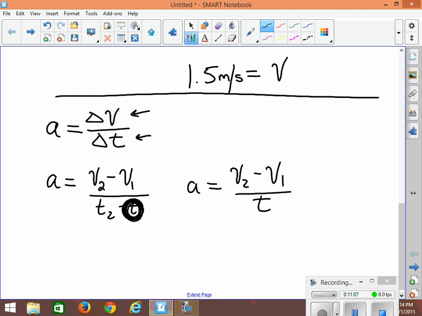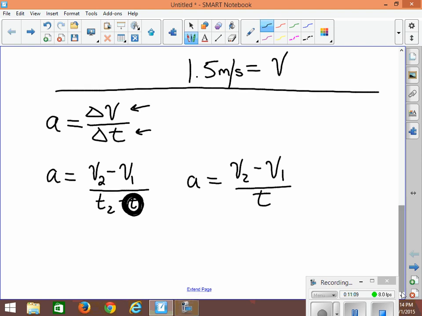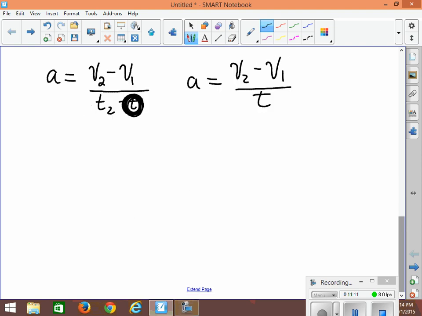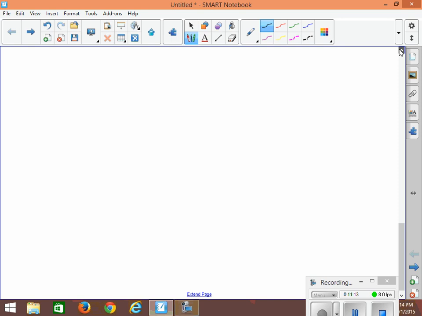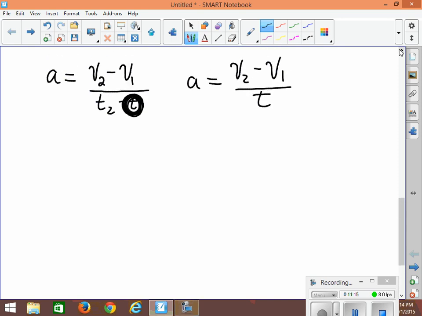Okay, and we saw that, and we've seen that in a different video. Let's do a question where we might use this particular equation. So we start off with, this time we'll use a cat.